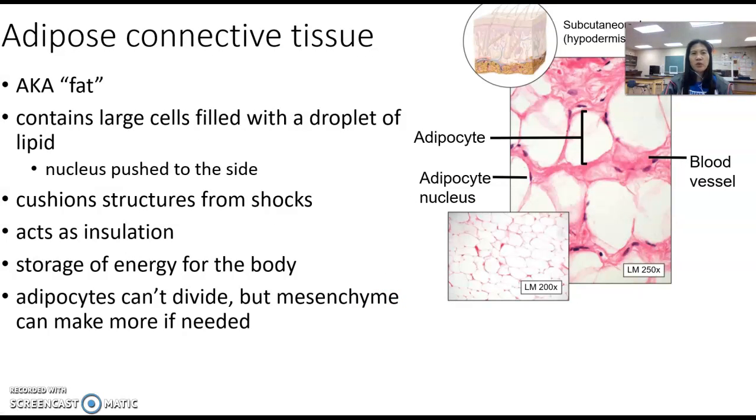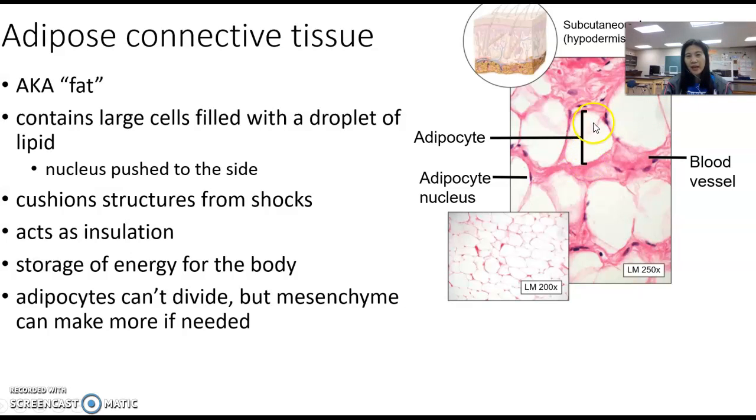Another one is adipose connective tissue. This is another type of connective tissue, which is also called fat, right? Miss A, how do you know that I have this adipose connective tissue or fats? Okay, when you have droplets of lipid, your nucleus is pushed to the side, and you can see this part here.